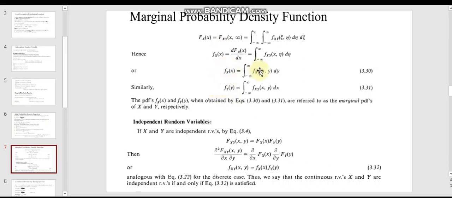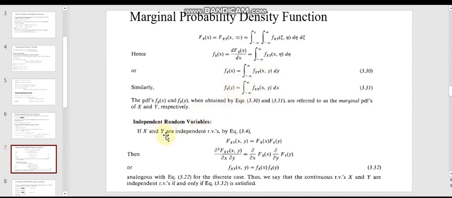Integrating the joint PDF of random variables x and y from minus infinity to infinity with respect to y gives the marginal PDF of x. Similarly, integrating from minus infinity to infinity along the x direction gives the marginal PDF of random variable y.